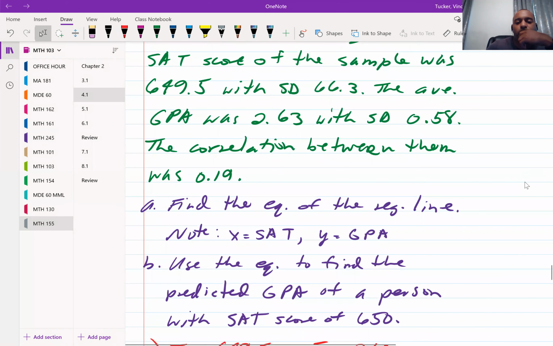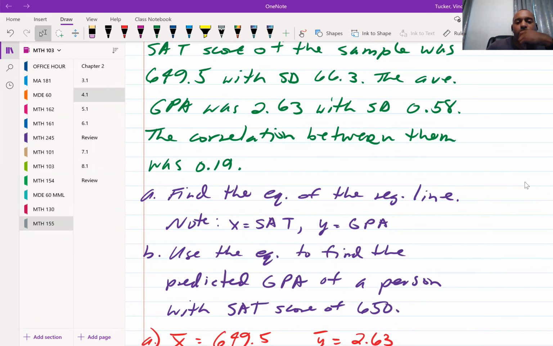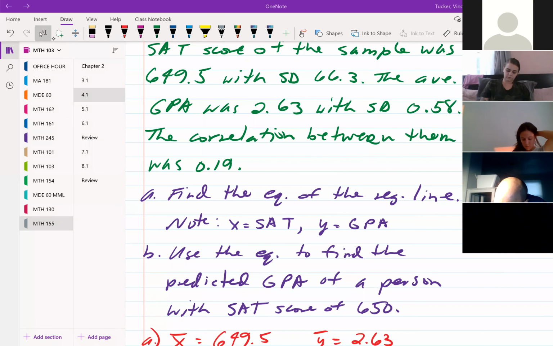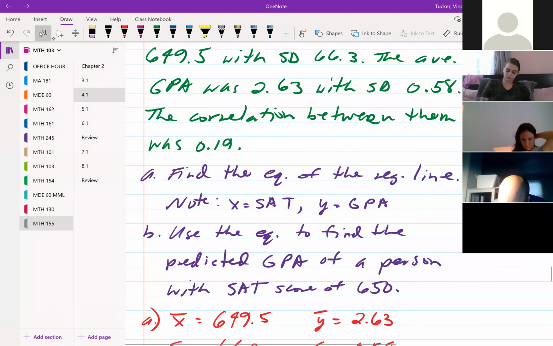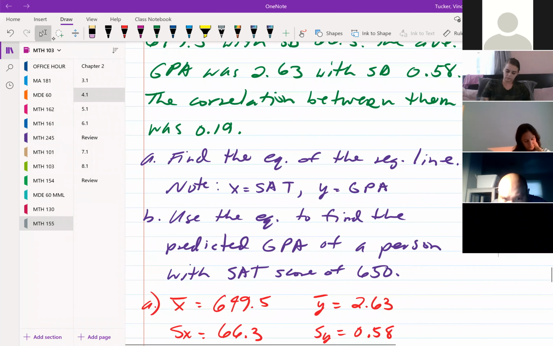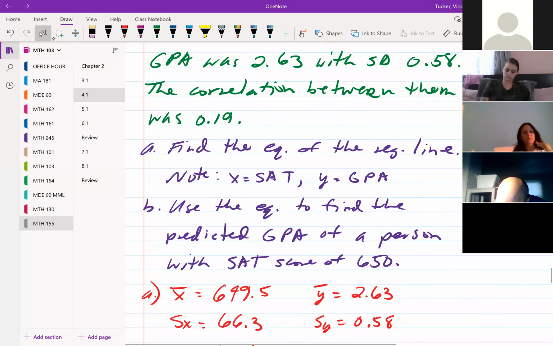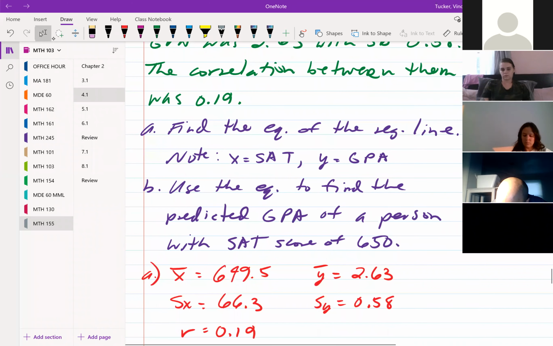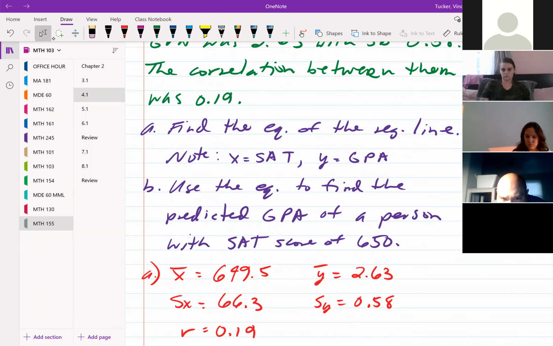All right, can I scroll up past the green? All right, let's go there. Stop right there for a second. So whenever you're doing the word problem, I always suggest that you write down all of your given pieces of information first.